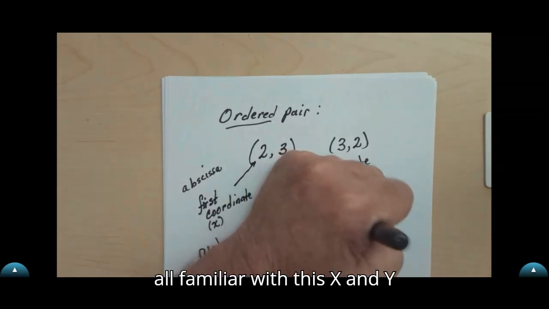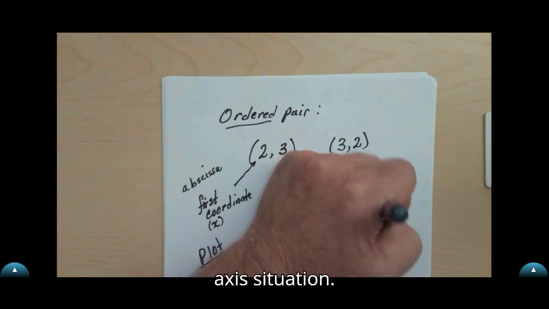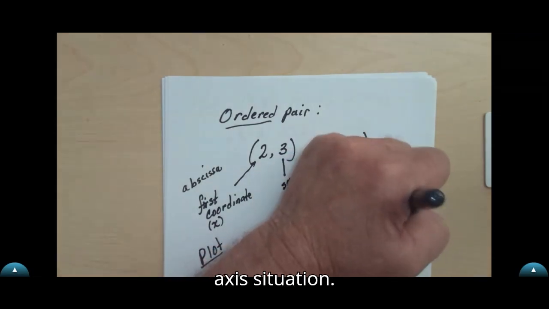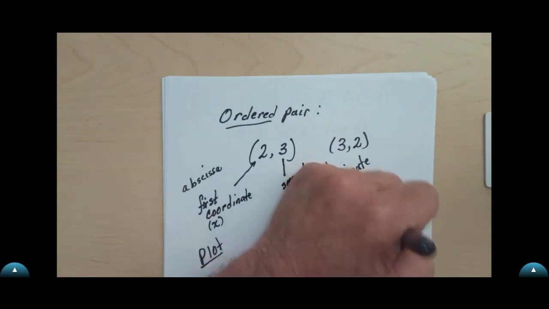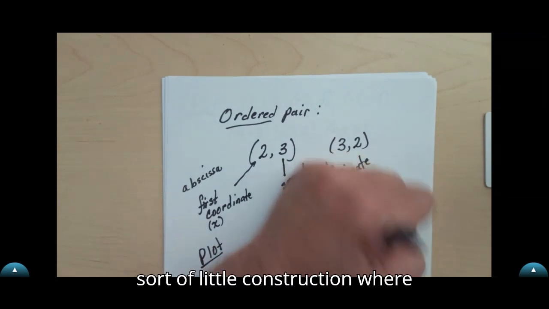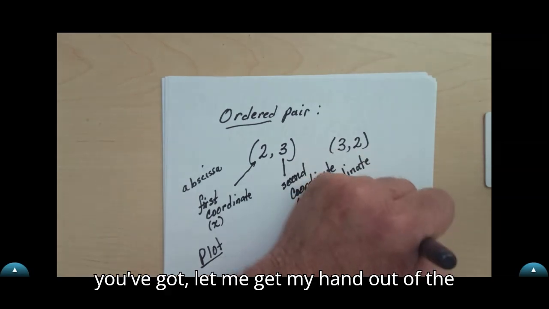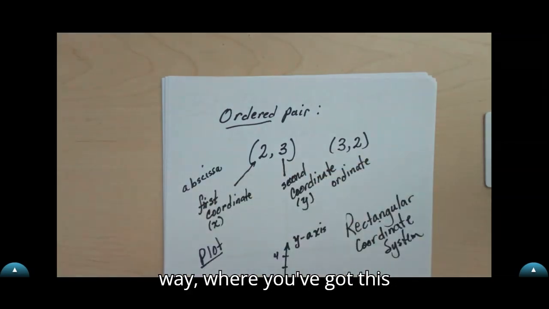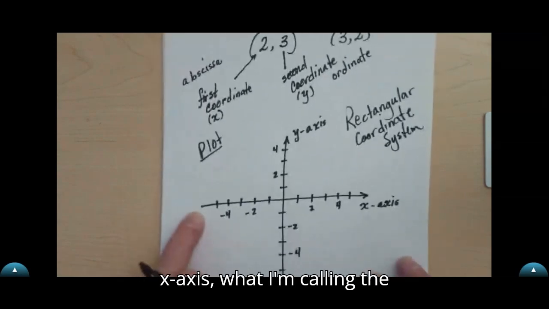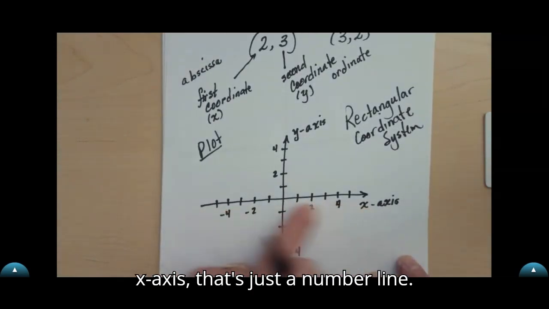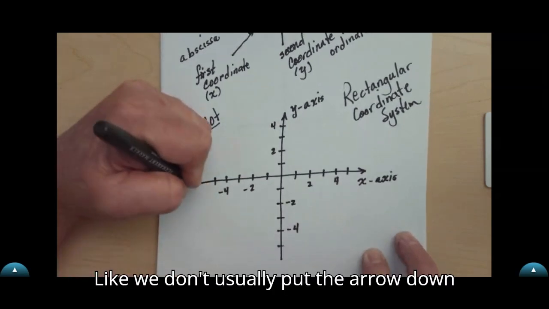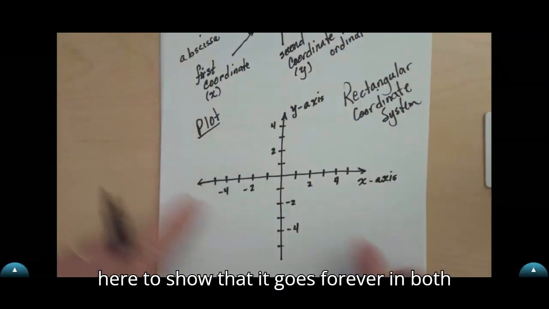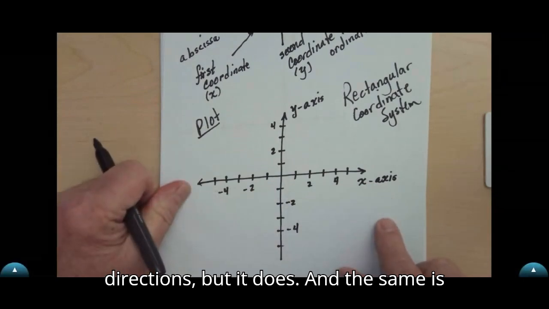You're probably all familiar with this x and y axis situation. We've got this x-axis, which is just a number line. We don't usually put the arrow down here to show that it goes forever in both directions, but it does.